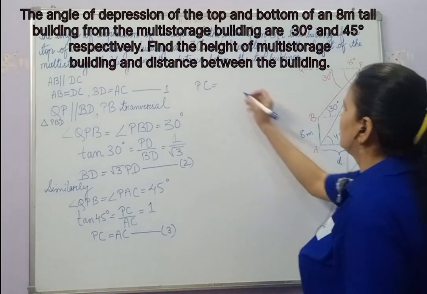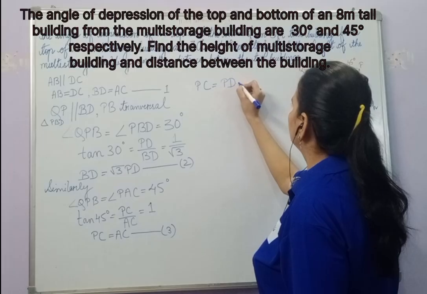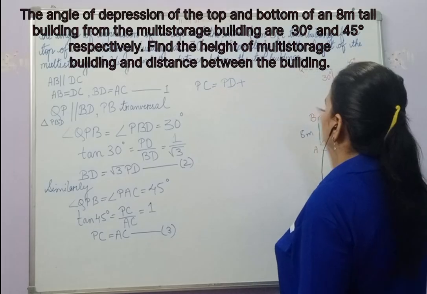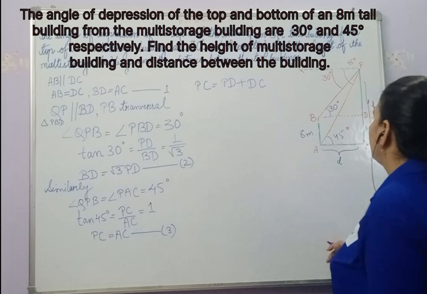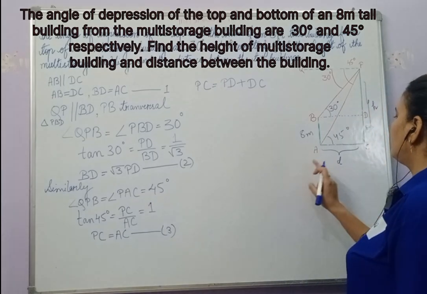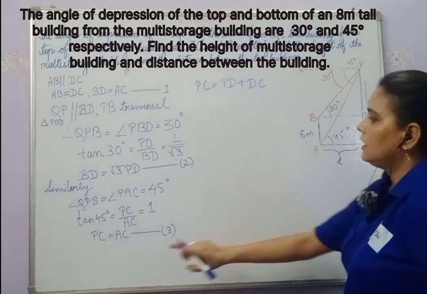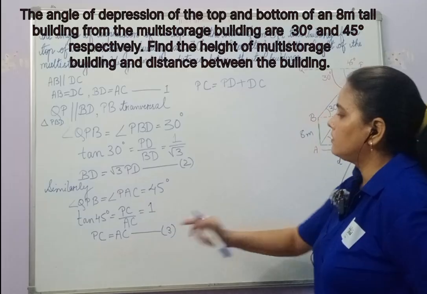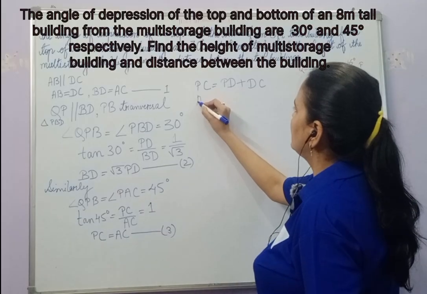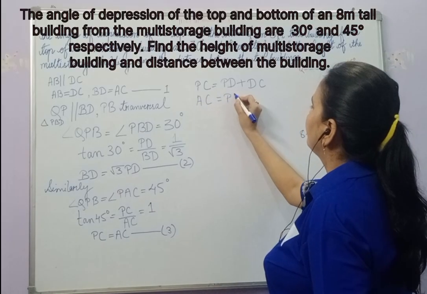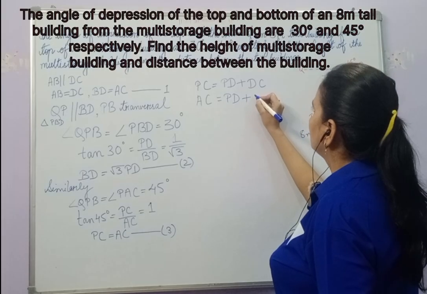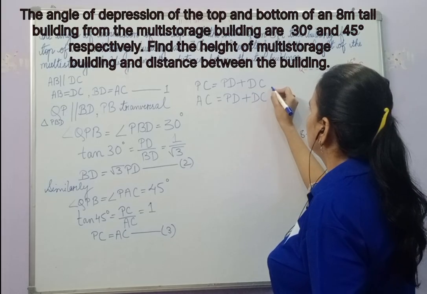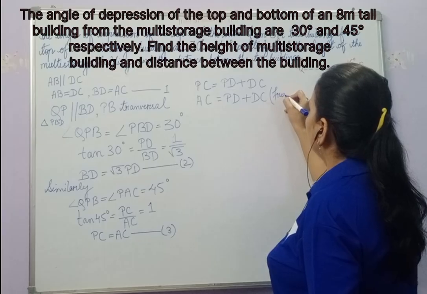PD plus DC. And here we have got AC is equal to PC. So I can write AC is equal to PD plus DC. This is from the third equation.